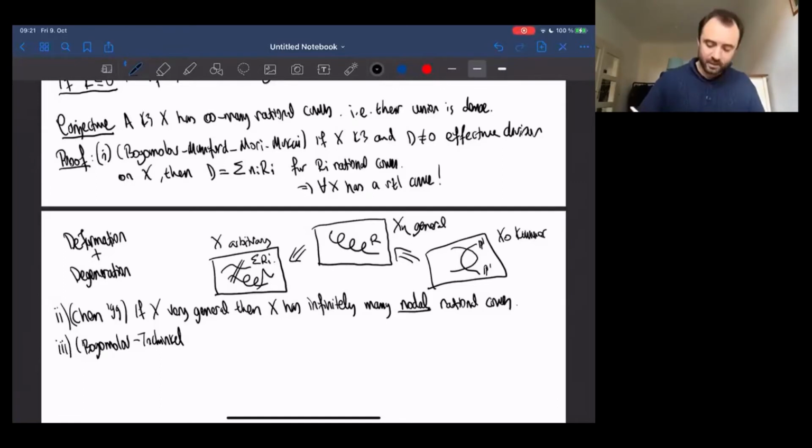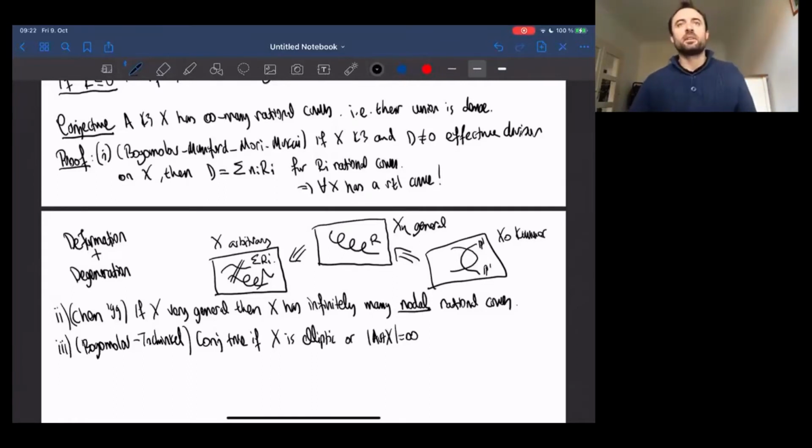So it says that basically we're okay if the K3 is elliptic or has infinitely many automorphisms. Okay, so this argument is completely different to the previous ones.